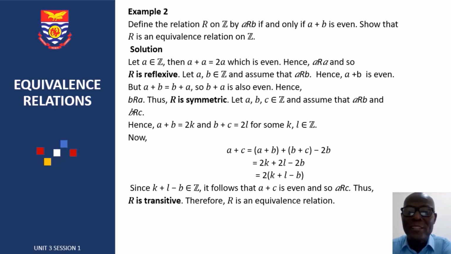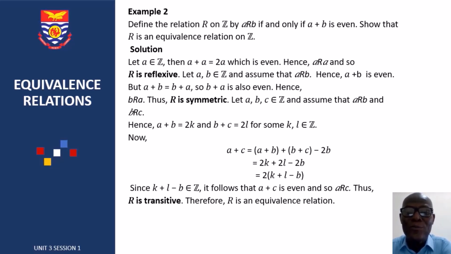Also, for B relating to C, B plus C is equal to 2L, where L belongs to the set of integers. Now, since our interest is in A relating to C, we make A the subject in the first equation, which gives A equals 2K minus B. And we make C the subject in the second equation, which gives C equals 2L minus B.